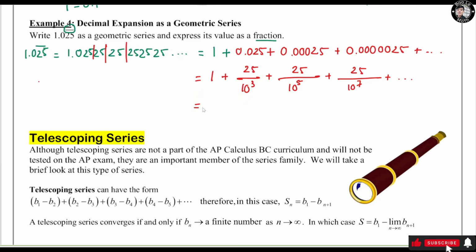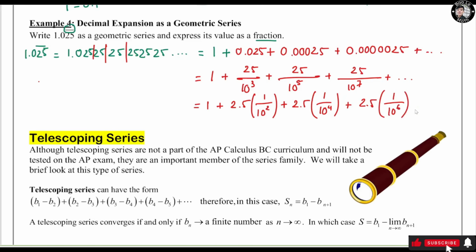So I'm going to end up with 1 plus 2.5 times 1 over 10 squared plus 2.5 times 1 over 10 to the 4 plus 2.5 times 1 over 10 to the 6, plus etc. And then this one equals 1.